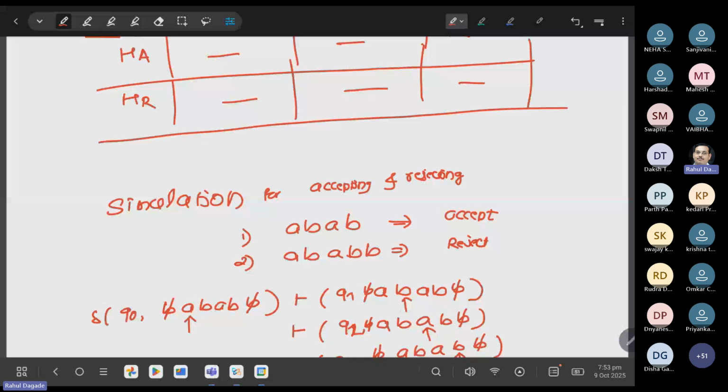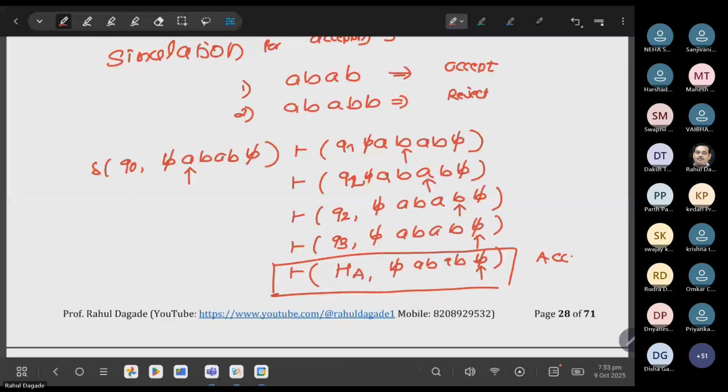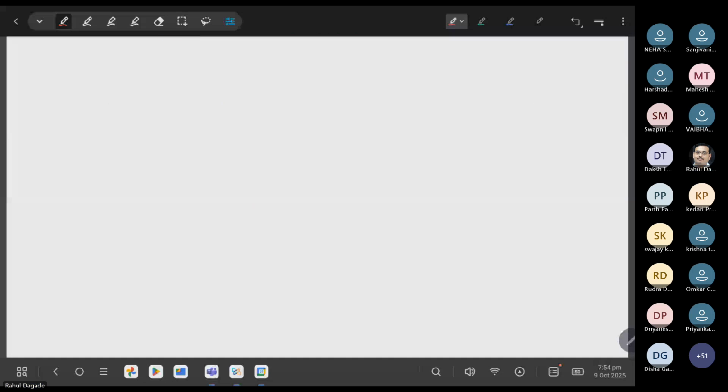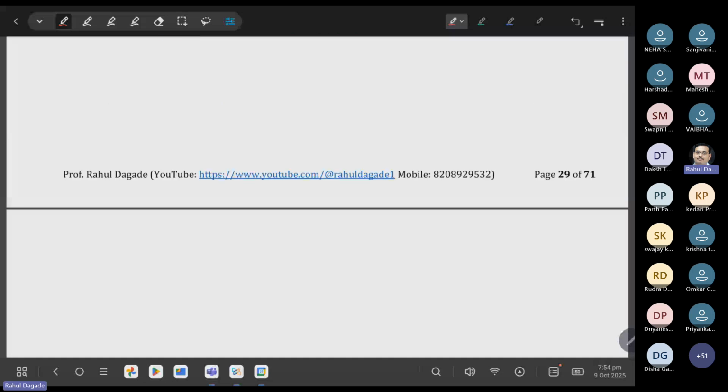So it is accept. Now for the next input, show for next input. Okay, so I'll leave it up to you. Now let us come to the next problem.